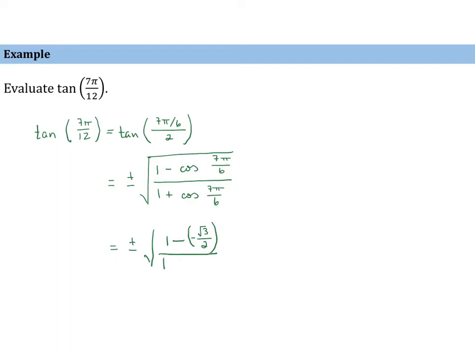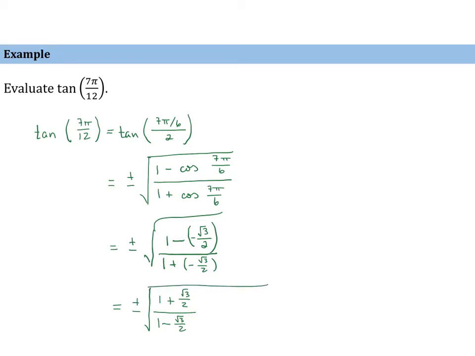And so we have 1 plus cosine of 7 pi over 6 would be 1 plus negative root 3 over 2 in the denominator. And so simplifying some more, we have positive or negative, 1 plus the square root of 3 over 2 over 1 minus the square root of 3 over 2.